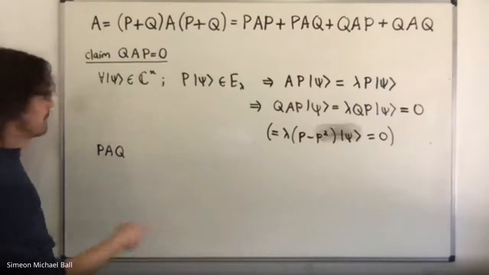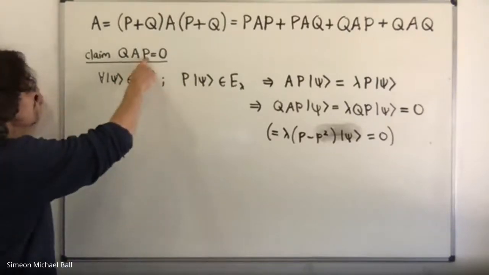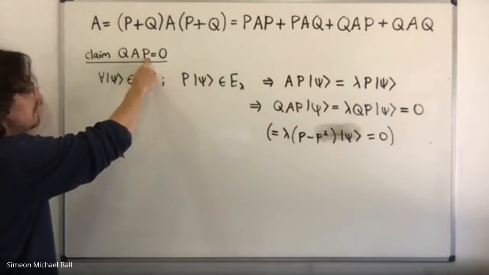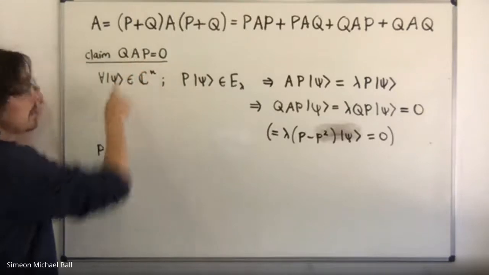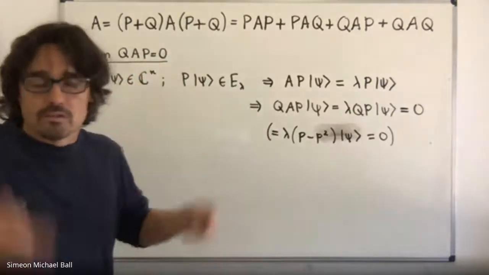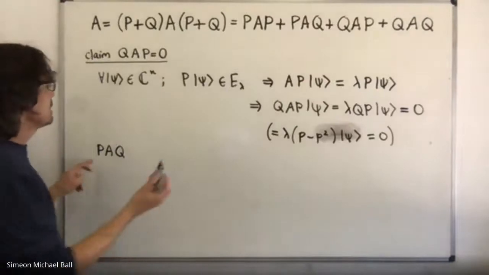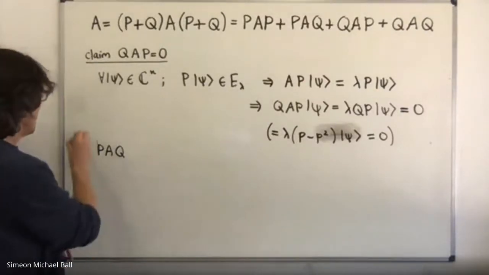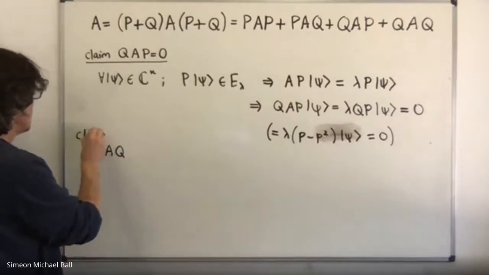P maps psi into E lambda. So you can do it with the columns of the matrix as well, but it's the same thing. It's just trying to write it down in a clear way. So PAQ is equal to 0.